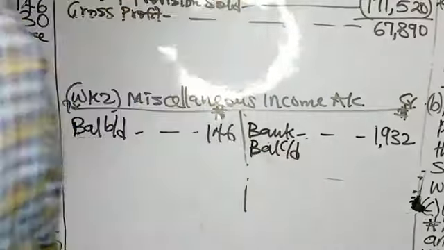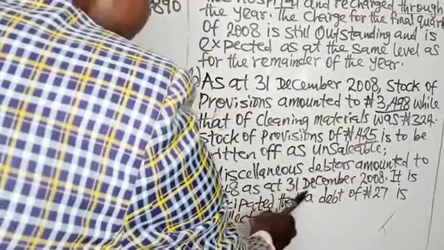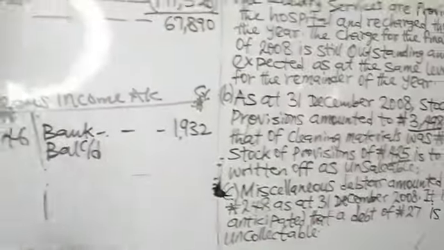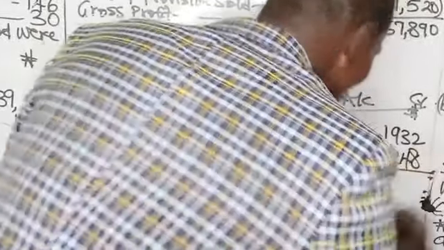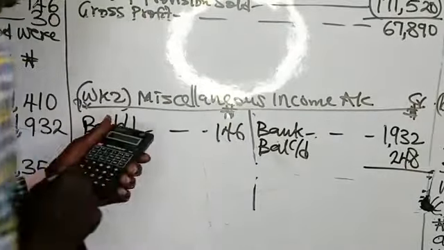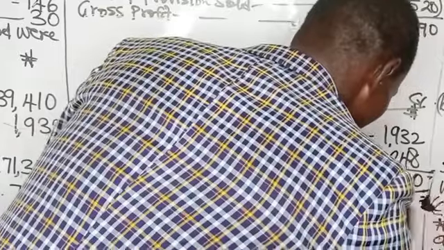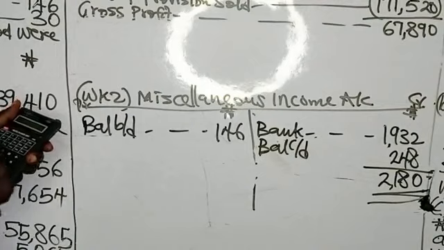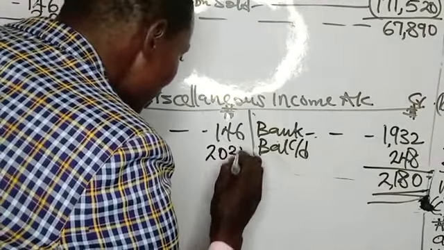Back to the note. Miscellaneous debtors amounted to 248 as at December 31st, 2008. This is the closing balance. If you add 248 to 1,932, then you have 2,180. You subtract the opening balance of 146, then you'll be left with 2,034.